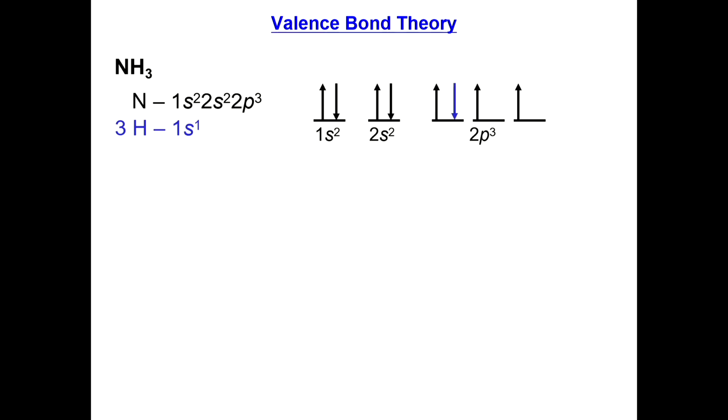For example, the blue one is from the hydrogen. So here can still include one electron. So one hydrogen electron will be filled in here, and another one, the third one.